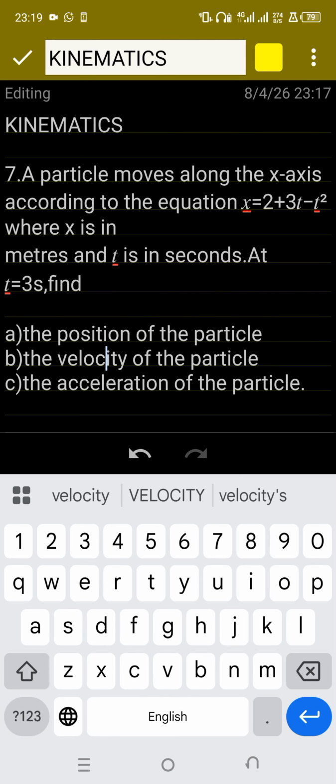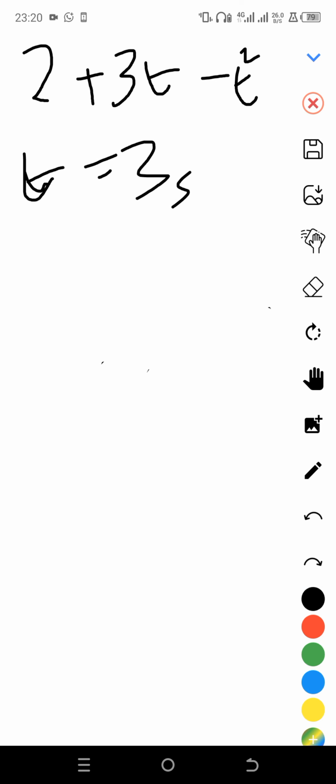Question B tells us to find the velocity of the particle. So remember we are given that this is x, and this is time at 3 seconds. X stands for position.